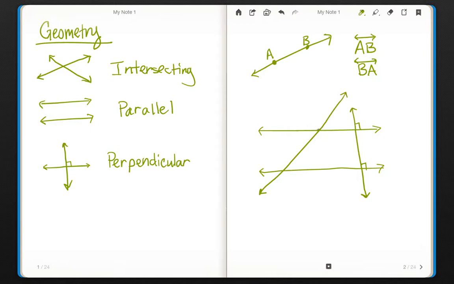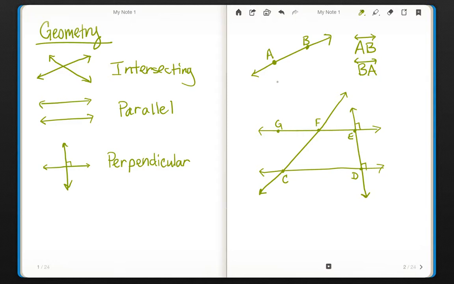And we'll name some of these different points on the line. Notice I'm kind of highlighting where they intersect as well. But you could have a point here. You could have points all over. Okay, so we've got point C, point D, point E, F, and G.